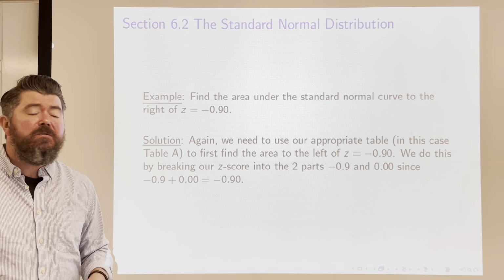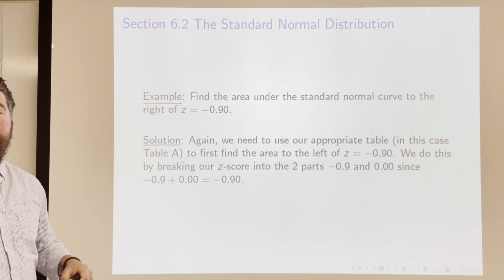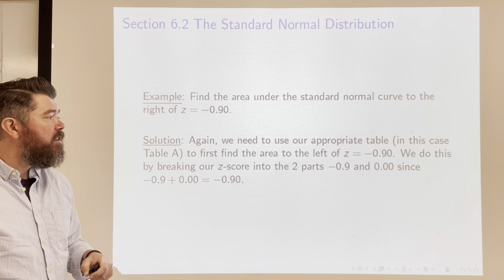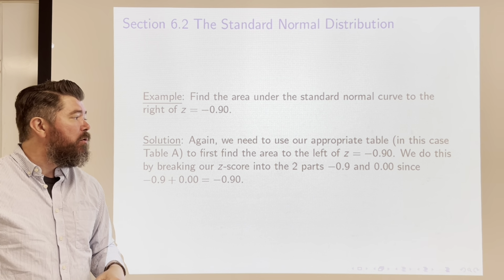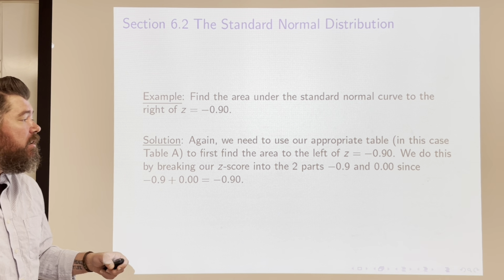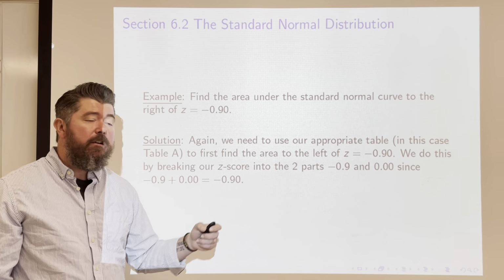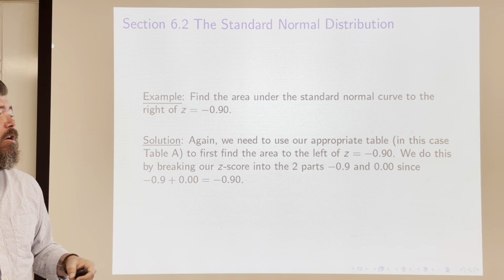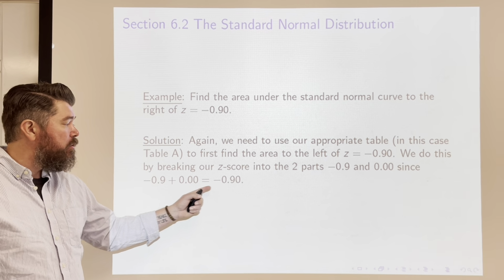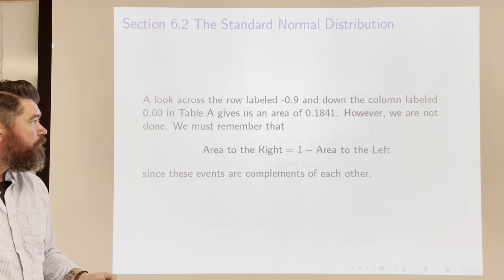Again, we need to use our appropriate table. In this case, we'll use table A to first find the area to the left of Z equals negative 0.90. We do this by breaking our Z-score into two parts, negative 0.9 and 0.00. And this is because when we add the two, we get our Z value.